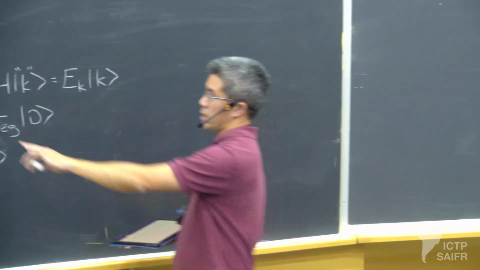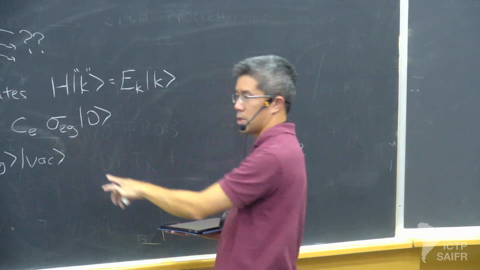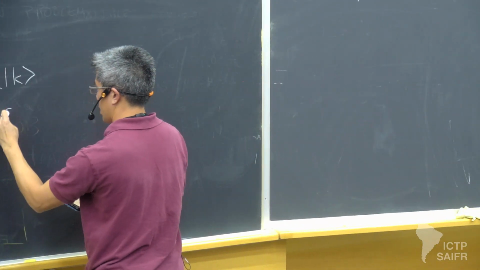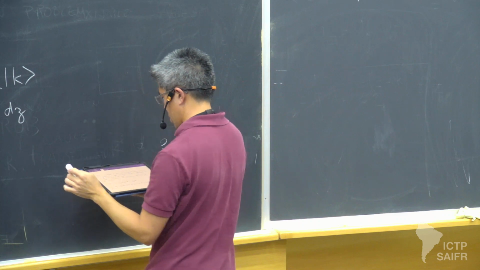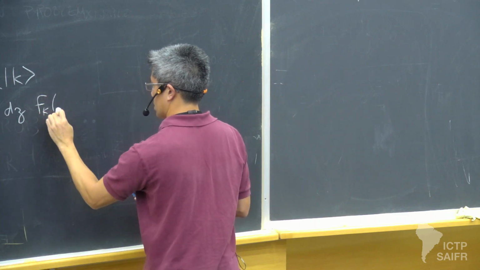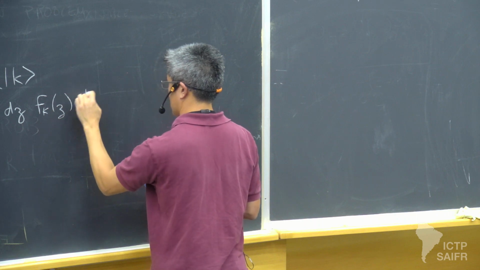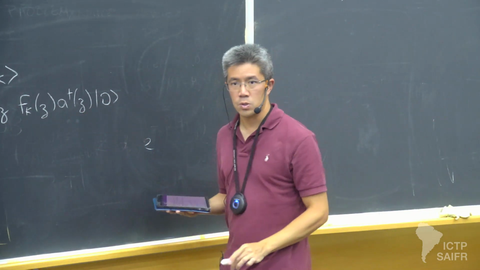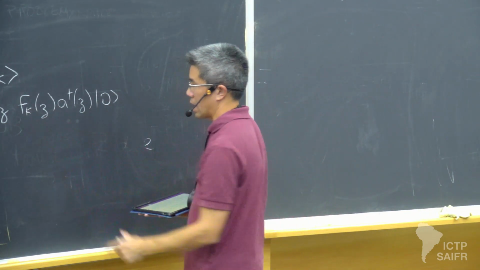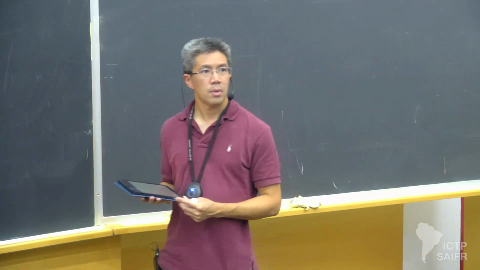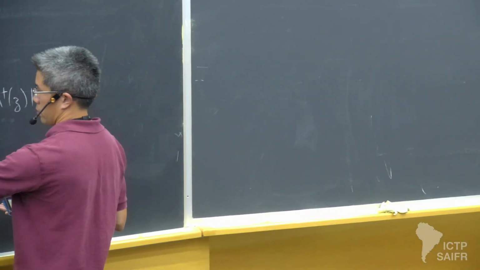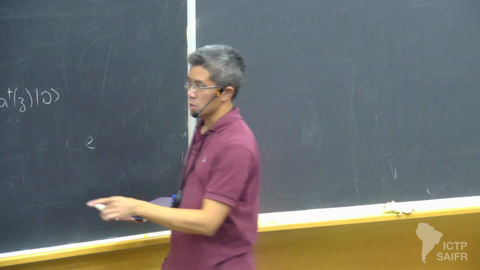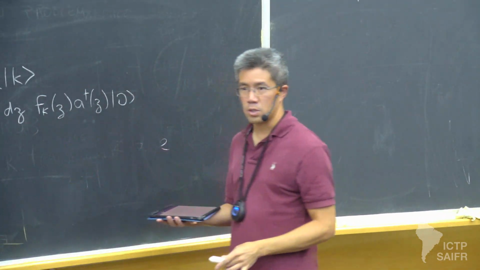If I only have one excitation, it can either be sitting on the atom itself with some unknown amplitude CE, or it can be sitting in the photonic degrees of freedom. So I can have a superposition of one photon at position z with some up to now unknown amplitude f of z. The point is simply to show that if we take this general ansatz and plug it into the time-independent Schrödinger equation, we can uniquely solve for CE and this amplitude f of k.